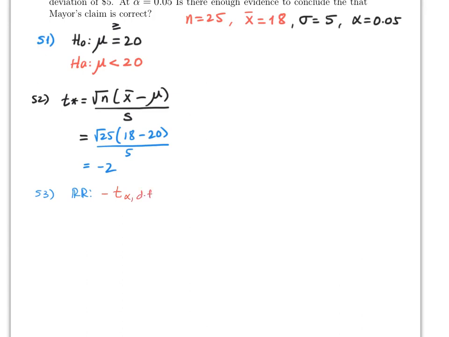Now, in case you forgot, from chapter 7, the degrees of freedom is equal to n minus 1. So in this case, the degrees of freedom is 24. So therefore, the rejection region is going to be minus t of 0.05 with 24 degrees of freedom.